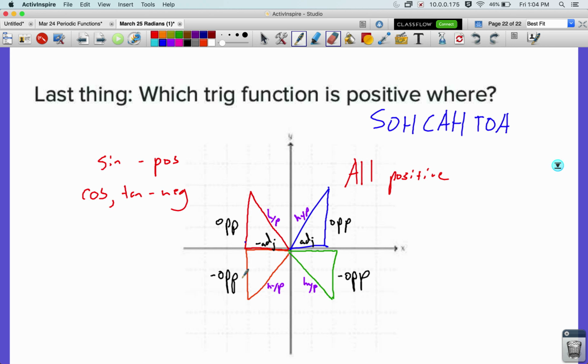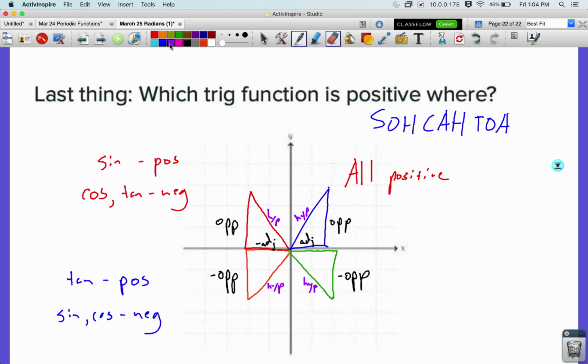Here, opposite and adjacent are both negative. So that's going to make sine and cosine both negative. But an interesting thing happens with tangent, because tangent has both opposite and adjacent. The negatives cancel out, and tangent is actually positive in this quadrant.